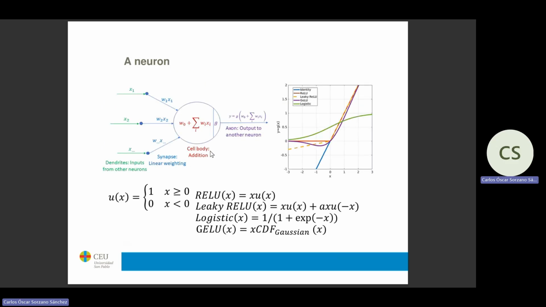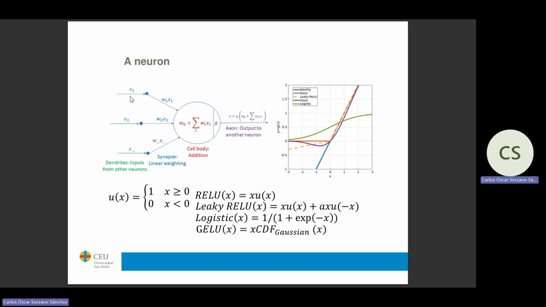Okay, so now let's concentrate on the part that we are concerned with, the optimization part: how to find the weights. We will show it through a very simple example. So let's consider this neuron.